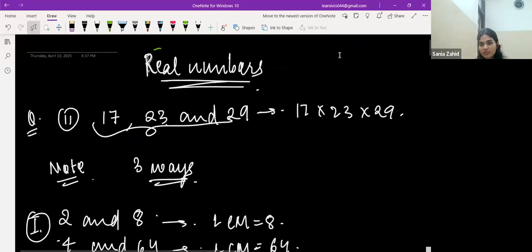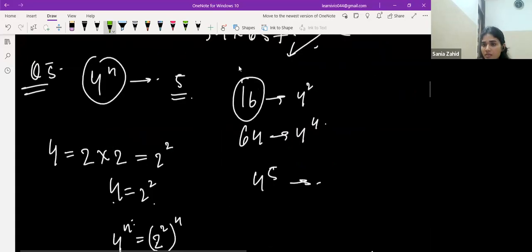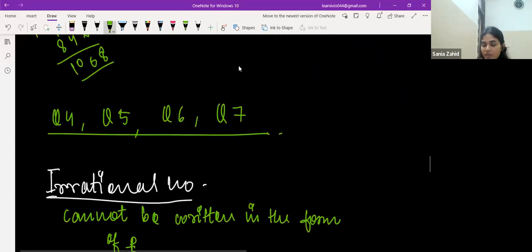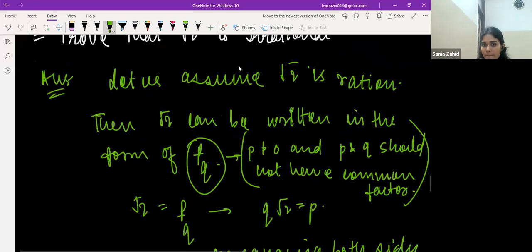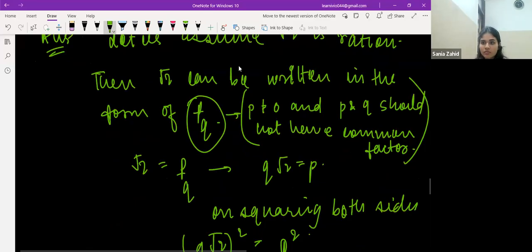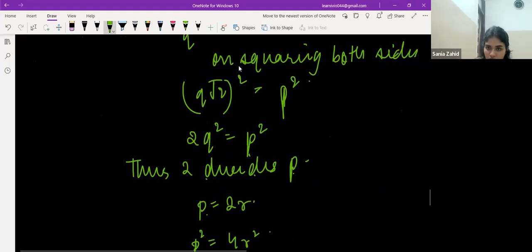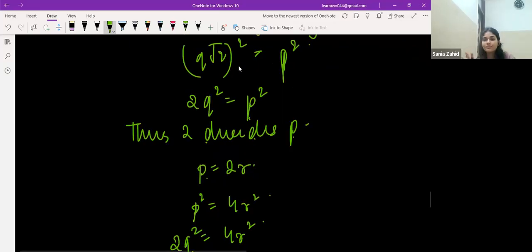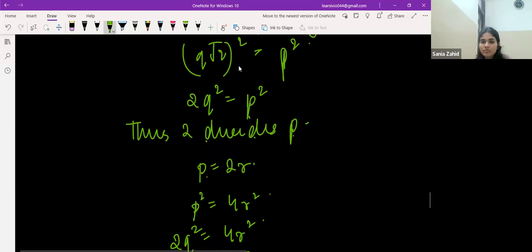Ma'am, I learned the same method, but with different wordings. First, before taking the q to the 2, I squared both sides. Then I assumed that root 2 is rational, and root 2 is equal to p over q, q not equal to 0.